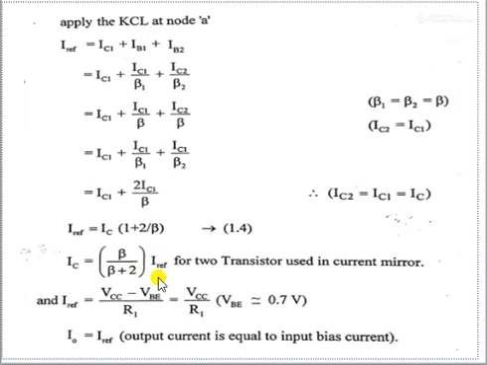If beta is far greater than 1, say of the order of 100, then the term beta by beta plus 2 is equal to unity, and therefore IC is equal to I reference. That is, the output current is equal to the input bias current. Now let us find the expression for I reference using the circuit.